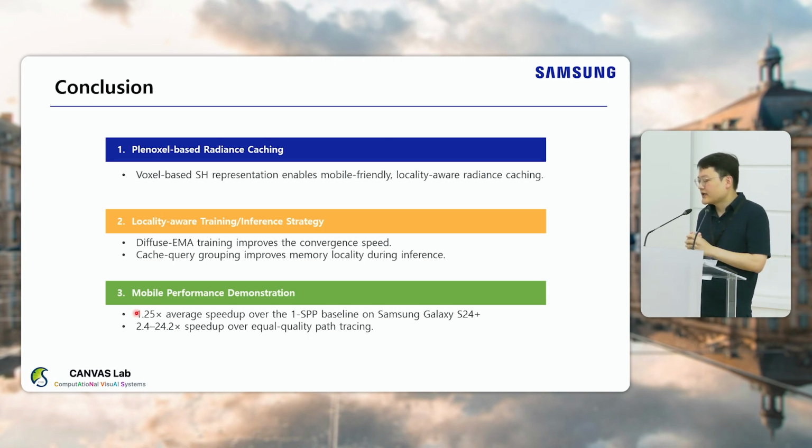To accelerate training and inference, we introduced a diffuse EMA training algorithm and a cache grouping procedure. We demonstrated all the results on our custom mobile path tracer, and we obtained a 1.25 average speedup over baseline path tracing, and you could obtain even more speedup if we consider equal-quality path tracing. So this is the end of my presentation, and thank you for your attention.